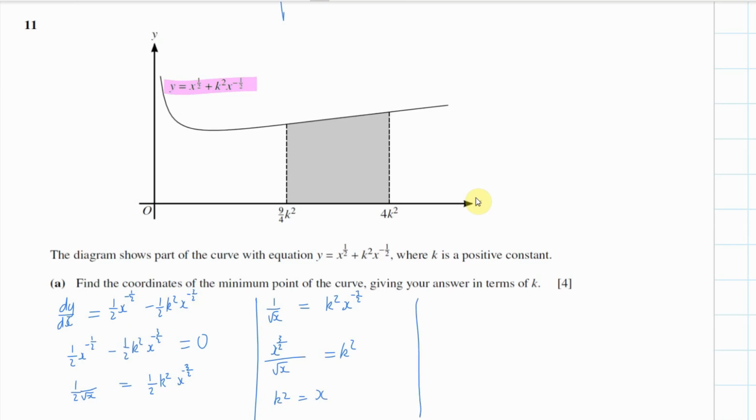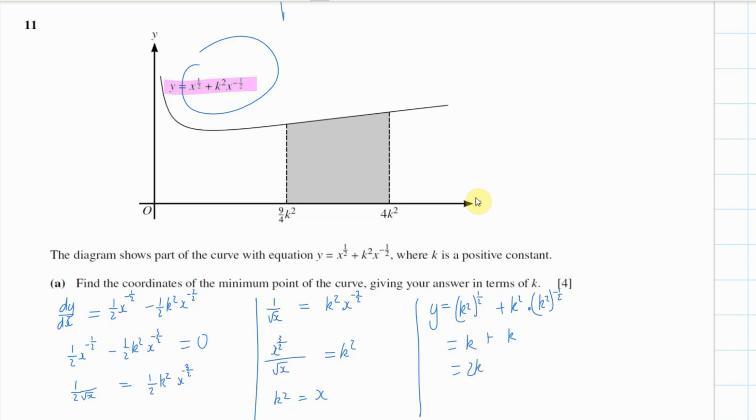Now the y value, I'm going to put this x value of k squared into this formula here. So I'm going to get k squared to the power of 1/2, plus k squared multiplied by k squared to the negative 1/2. Now that turns out to be k plus k, or 2k.